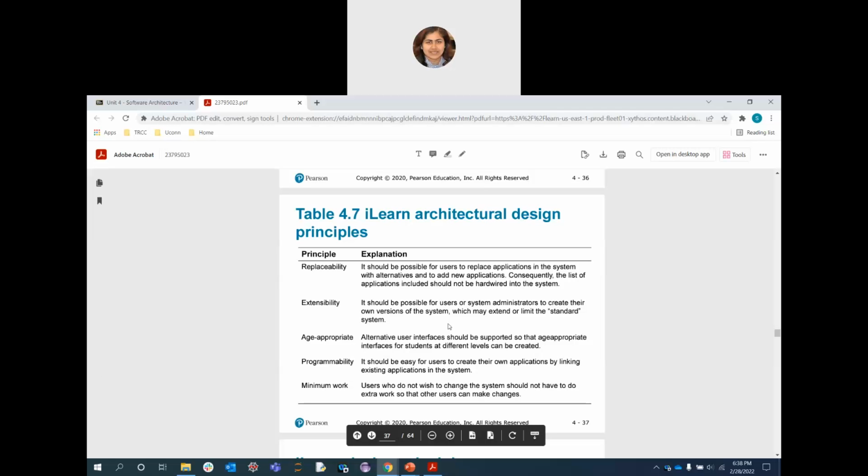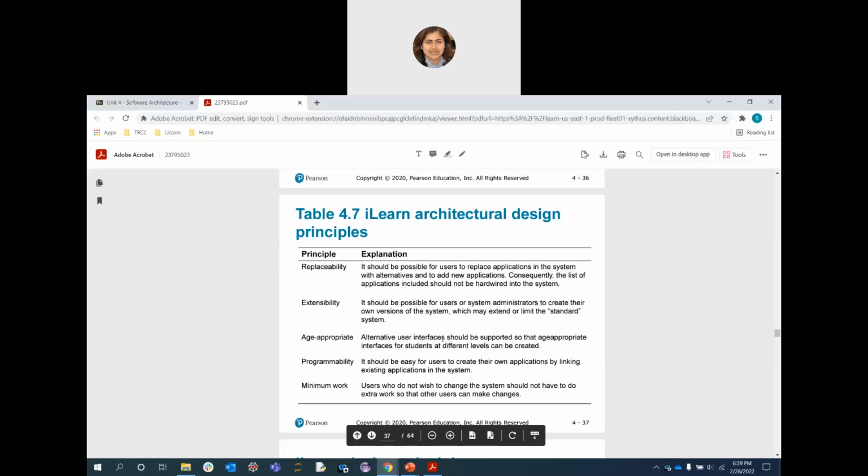So here, in the iLearn system, it must be possible to change and replace the components and services in the system. So it could relate to your replaceability and the extensibility principle here.